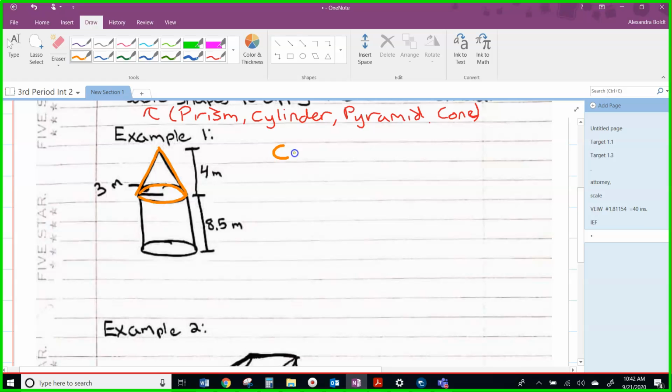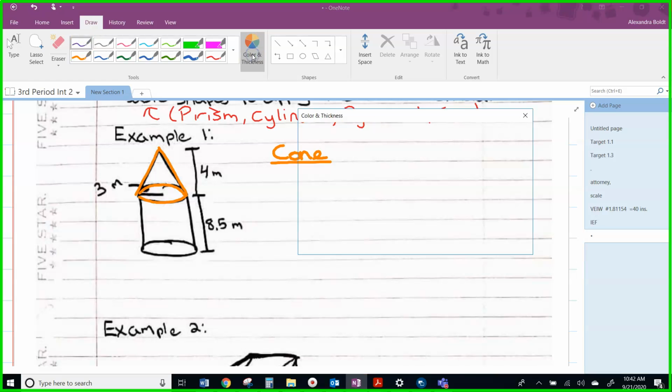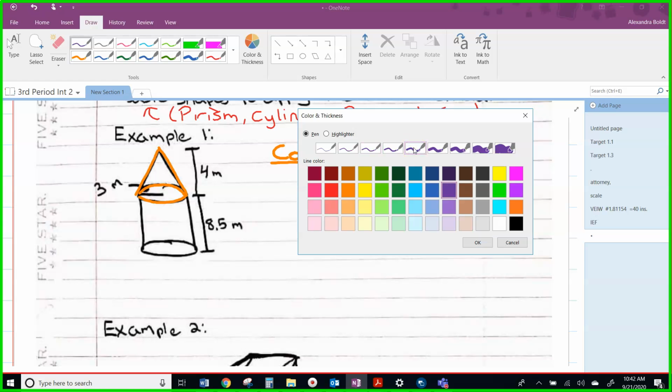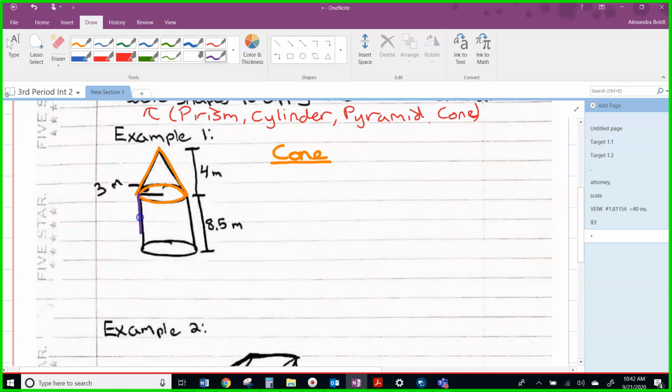Okay, so we have a cone here. The other shape I see, right, is this cylinder that's underneath the cone. Okay, so these are our two shapes that we have. We have a cone and a cylinder.